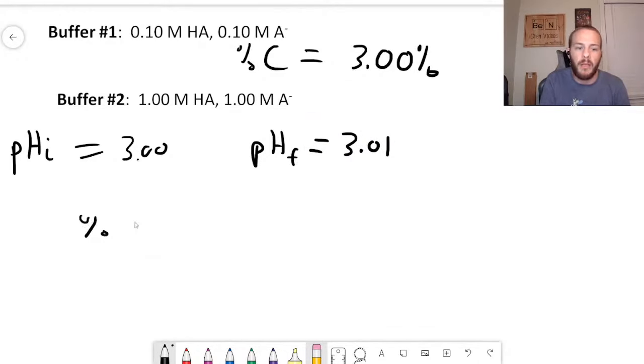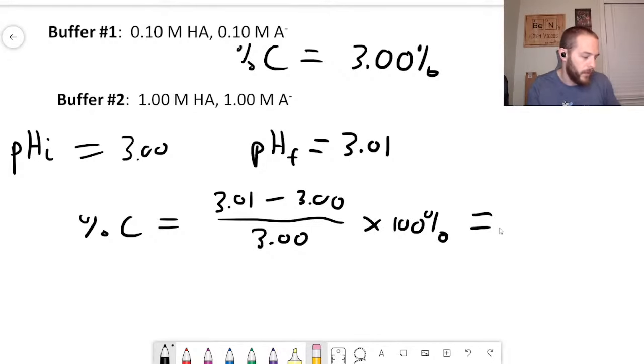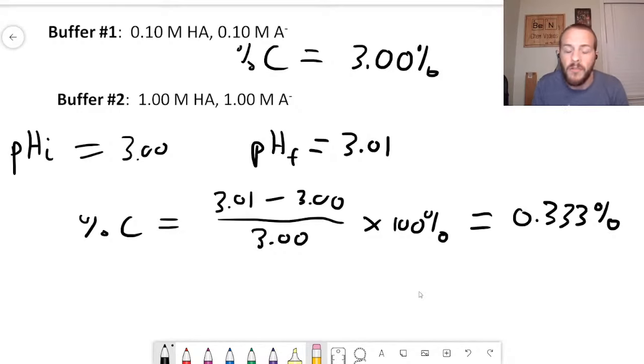The percent change is going to be final, that's 3.01, minus initial, 3.00, divided by initial, that's 3.00, times 100%. That value ends up being 0.333%. So it's a very, very small change percentage-wise in pH upon adding that sodium hydroxide.